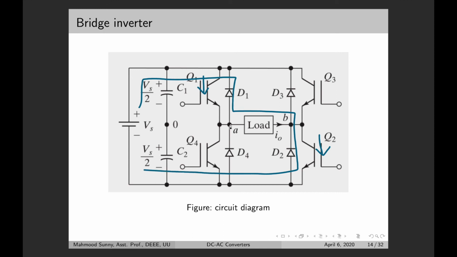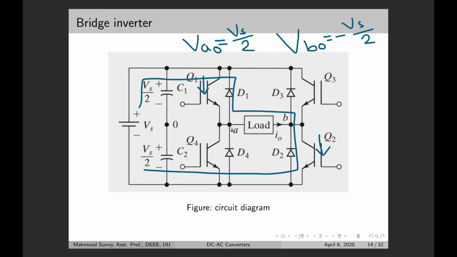And this terminal A is connected to the positive of the supply. So VA with respect to 0 is Vs divided by 2. And this terminal B is connected to the negative of the supply. So VBO would be minus Vs divided by 2.